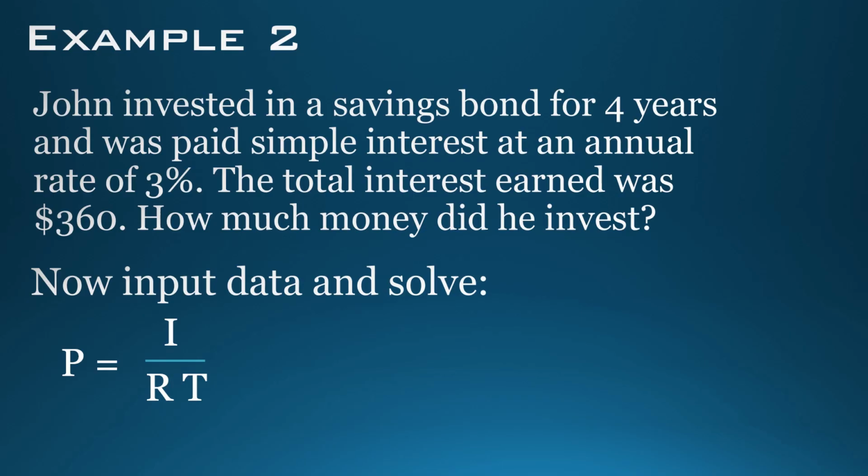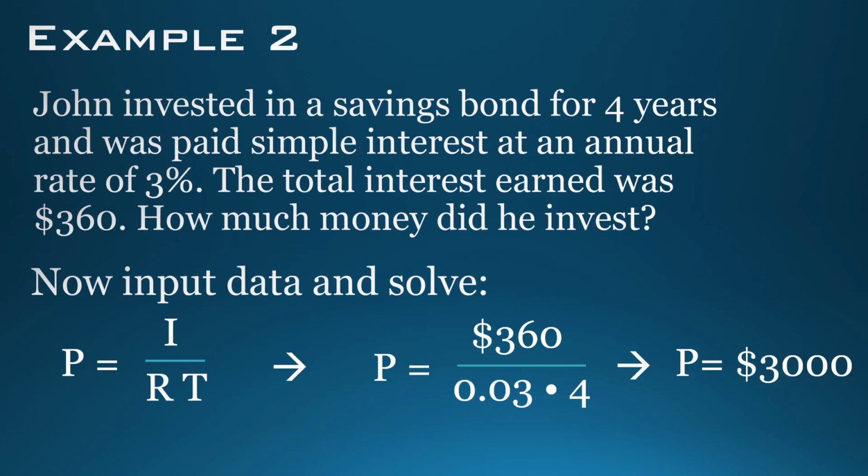Now, we put the data in and we solve. So, P equals I over RT, interest was $360 that was earned, the rate is 0.03 because it was 3%, and the amount of years was 4. Once we calculate all of that, we end up with $3,000, which was the principal. That's the amount of money that he started with in the savings bond.